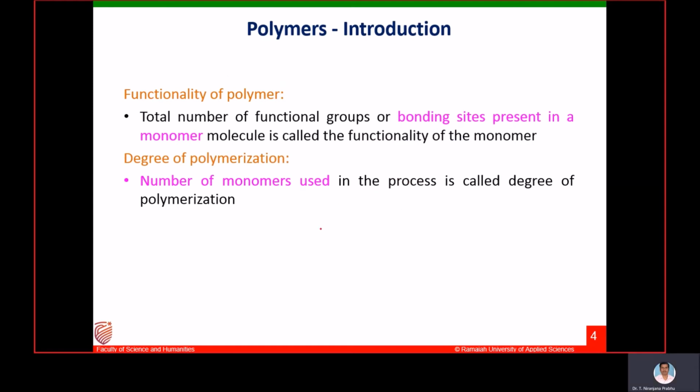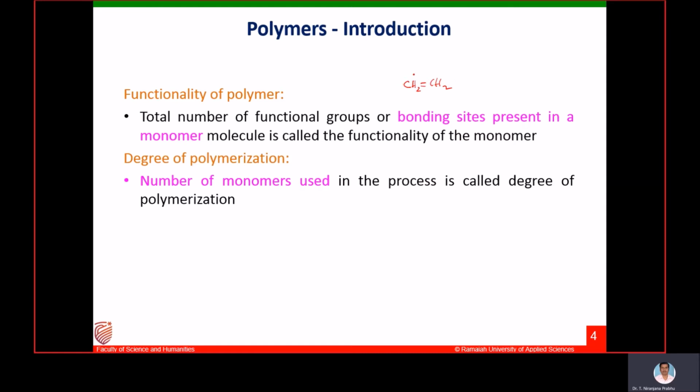Functionality is another term we need to understand. It is the number of functional groups or bonding sites present in a monomer molecule, and is called the functionality of the monomer. For example, I took the simple example of CH2=CH2. What is the functionality of this? It has the capability to form a bond here as well as here.